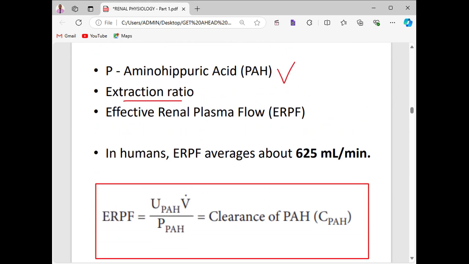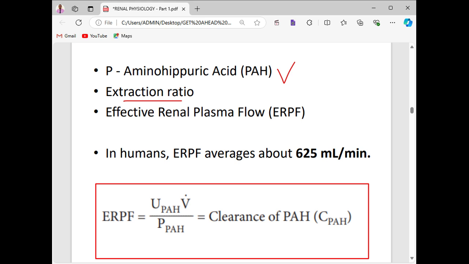Now, it has become very commonplace to calculate renal plasma flow just by dividing the amount of PAH in the urine by the plasma PAH, whereby we ignore the level in the renal venous blood.